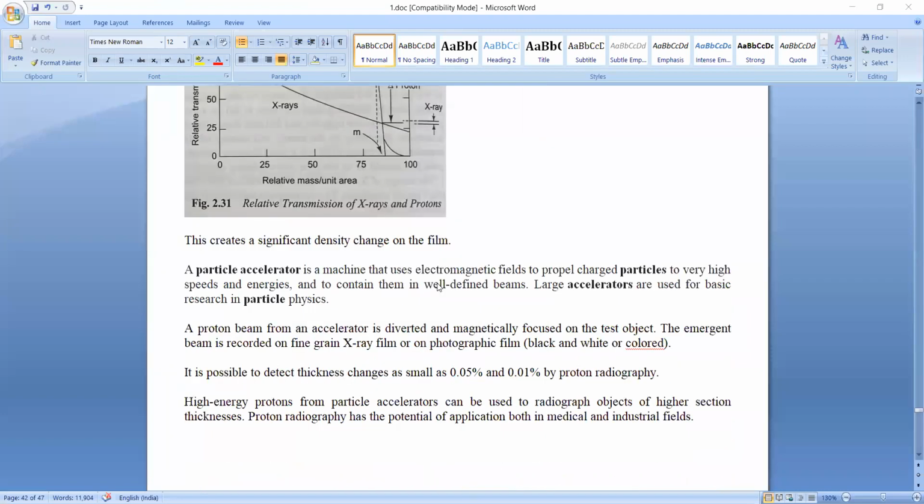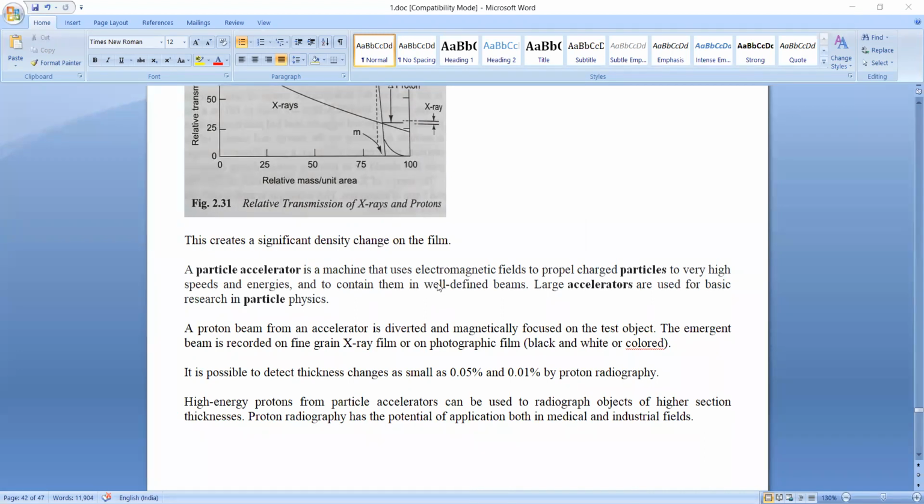Okay, these protons are generated from an accelerator. A particle accelerator is used for generating the proton spectrum. What is a particle accelerator? This is a machine that uses electromagnetic fields to propel charged particles to very high speeds and energies. This machine creates an electromagnetic field, and that field propels the charged particles to high speeds and energies.